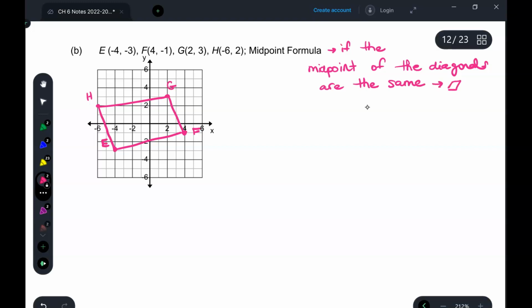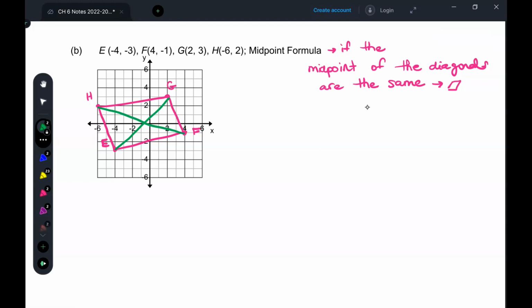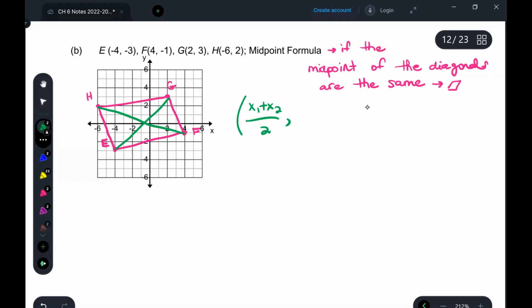Yes. Okay, so do you remember the midpoint formula? x1 plus x2 over 2, comma, y1 plus y2 over 2.